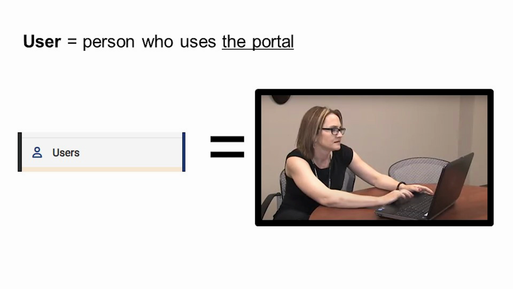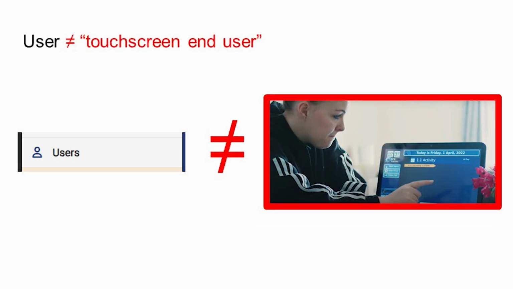strict, but in the strictest sense, when we're referring to a user, we're referring to the person who uses the portal, and that's what you'll most often see in the portal itself when it's referring to a user, which means that strictly speaking, the touchscreen end user is not who we are referring to as the user.